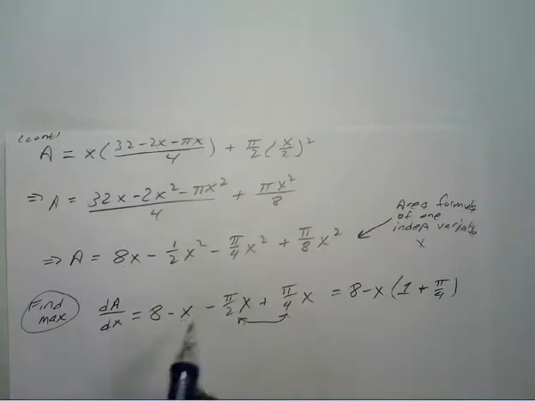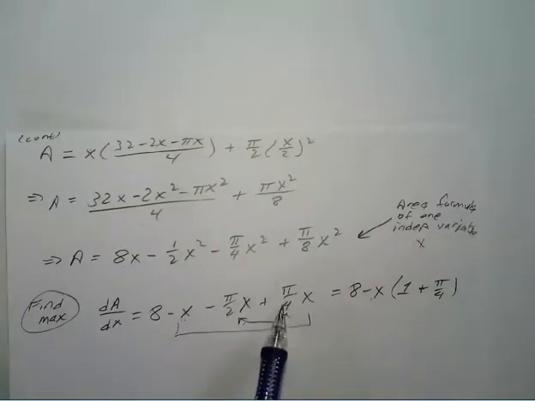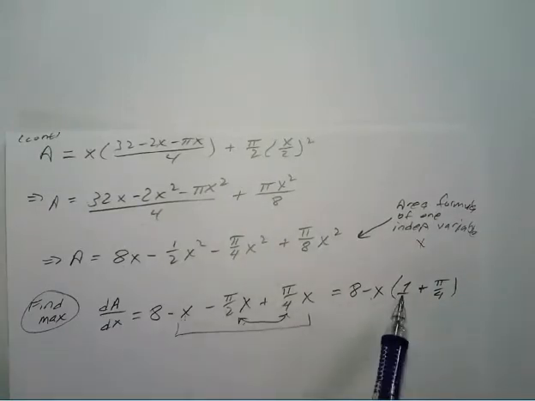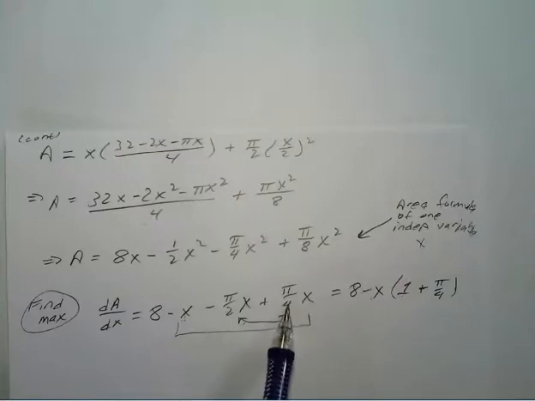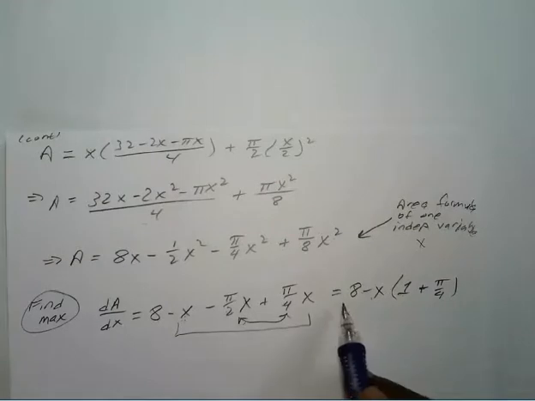We can actually leave this by itself because we're just factoring an x out of all three of those. So we're combining those two. When you factor an x out of here, you get your 1. And once you combine those two and you factor out your x, you'll get pi over 4. All right, so this is our first derivative.